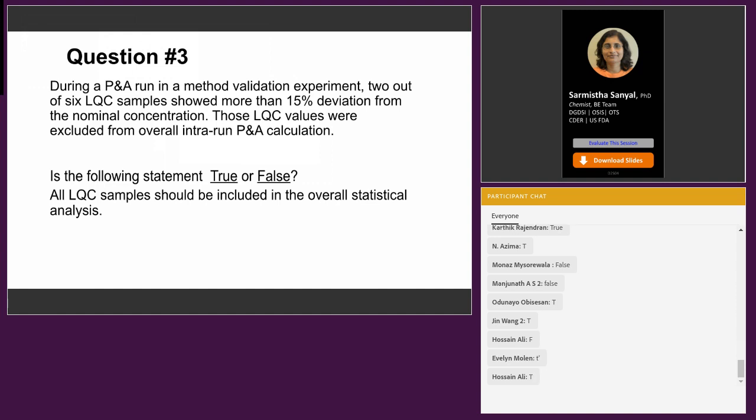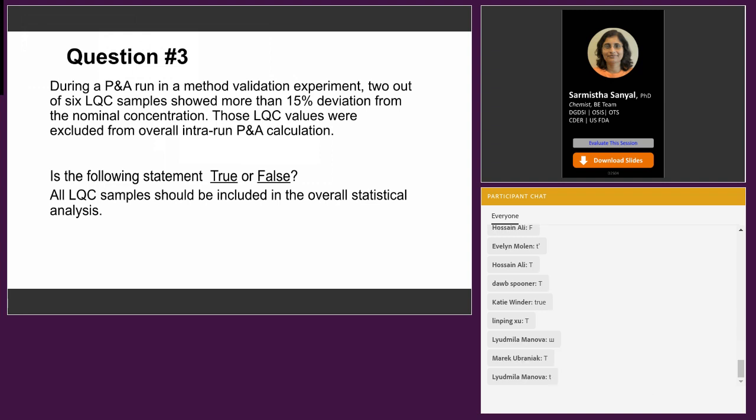The reason they provided was that HQC samples did not meet acceptance criteria. I want to point out again that according to the 2018 bioanalytical method validation guidance, there is no acceptance criteria for QCs in a precision and accuracy run. Therefore, all QC samples should be considered for overall statistical analysis for precision and accuracy determination.